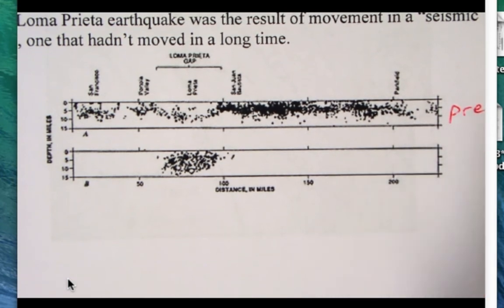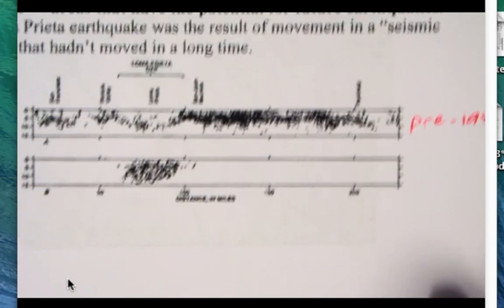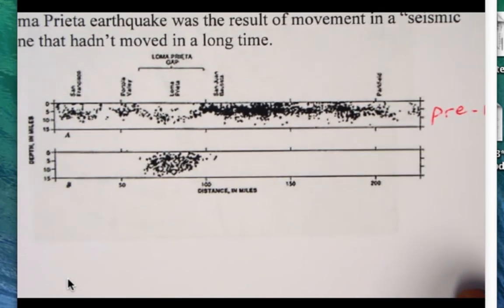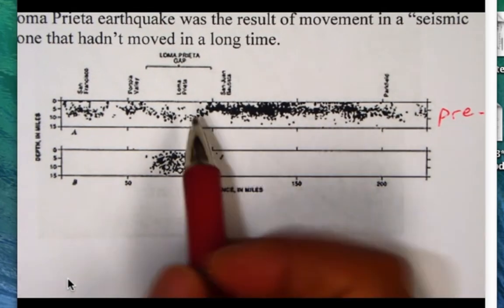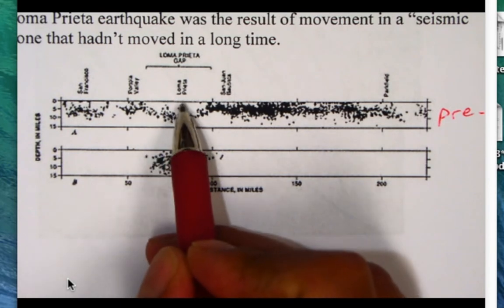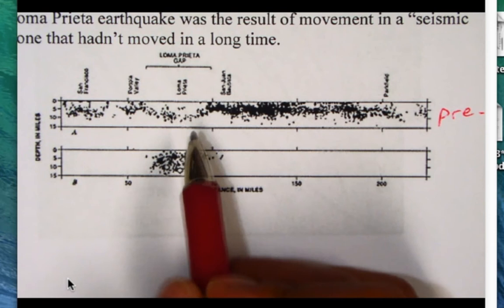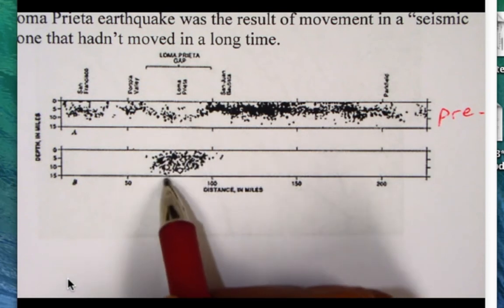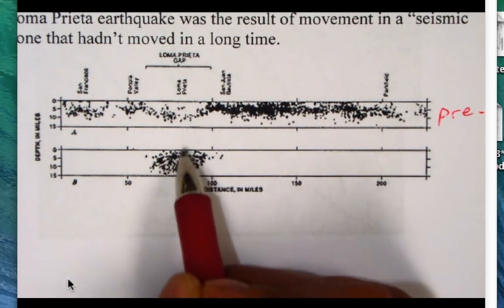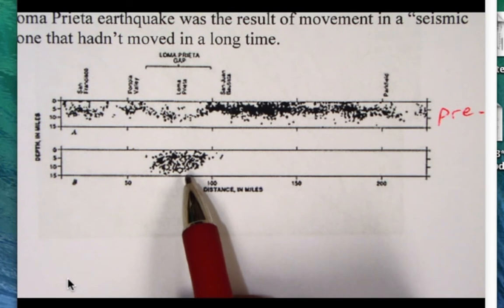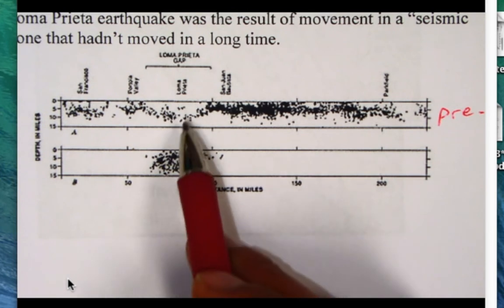Before 1989, you see that there's a gap here. They call this the Loma Prieta Gap. And then the 89 earthquake comes along, and this is the chart for the 89 earthquake. If you were to superimpose this strip along this one, it would fill in that gap.